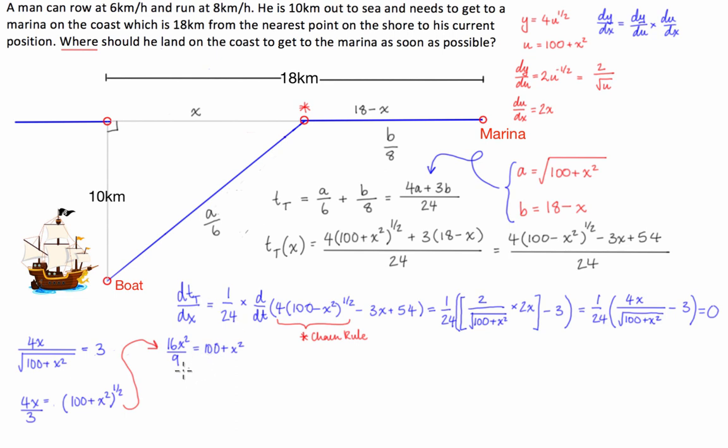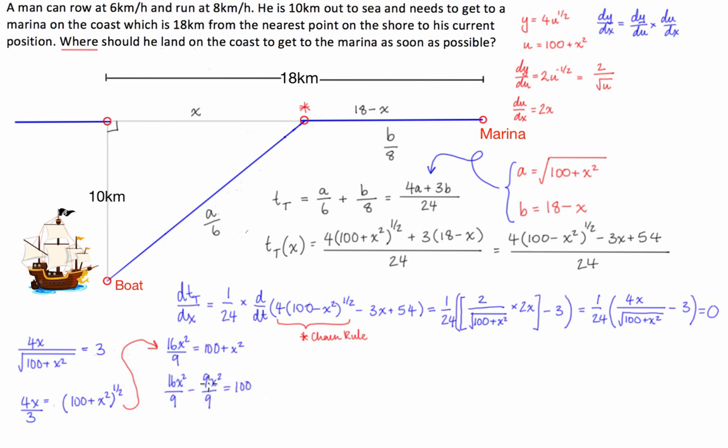Cool. So what I'm going to do from here is take the x squared over to the other side. So now we have 16x squared over 9 minus x squared, which I'm going to write as 9x squared over 9. So we can actually subtract this in the next step, and that's going to be equal to 100.